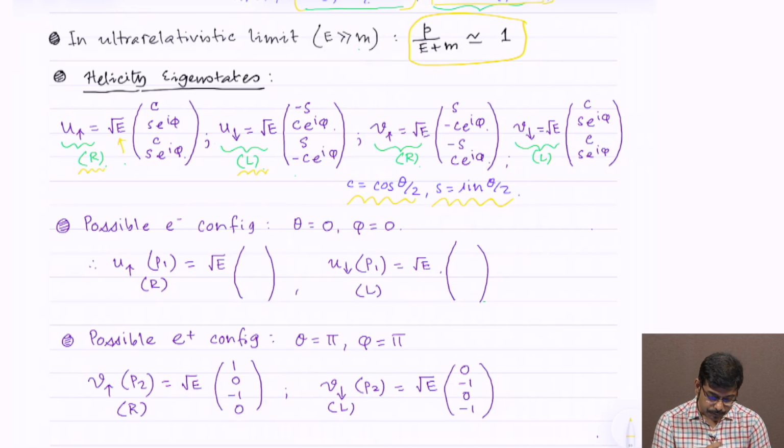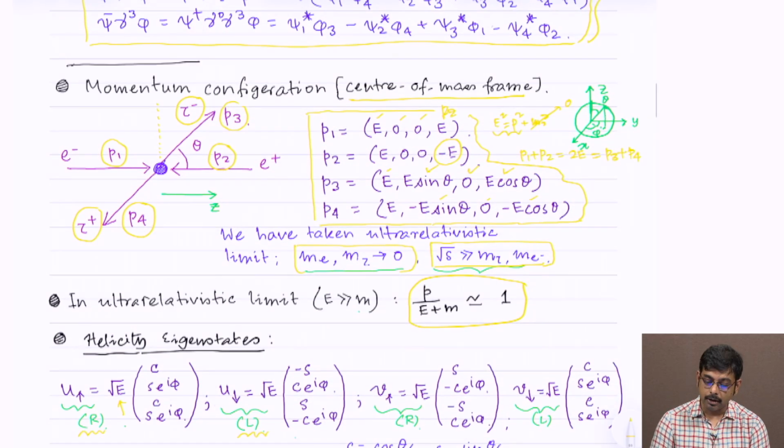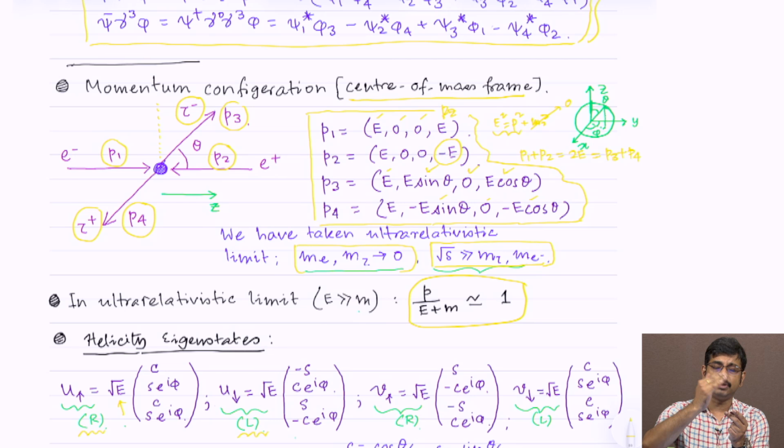This is clear. But before that, we have to choose a possible electron configuration. Say, for example, an electron is coming with theta equal to 0 and phi equal to 0. You remember that in spherical coordinates, theta is defined with respect to the z axis, correct. Whatever your vector subtends with respect to the z axis, that is how you compute theta.